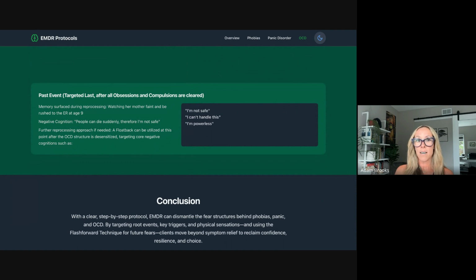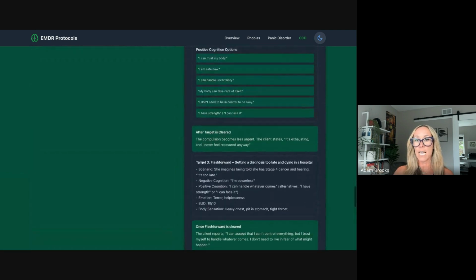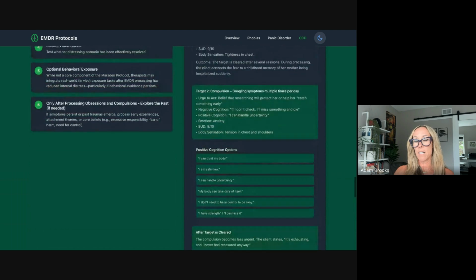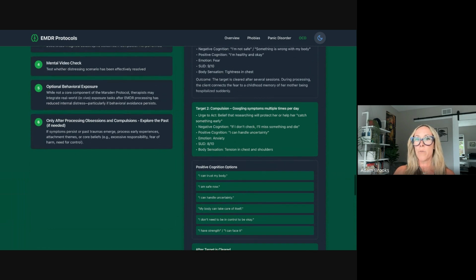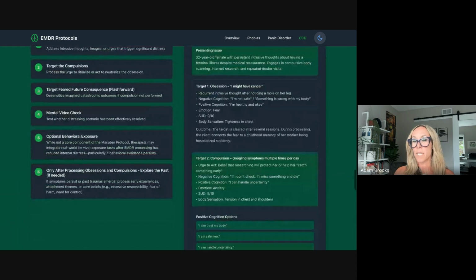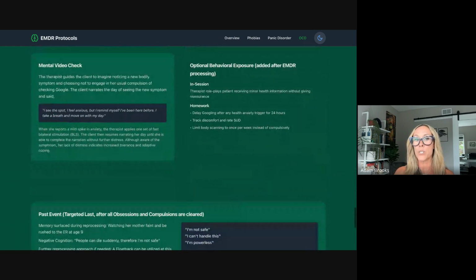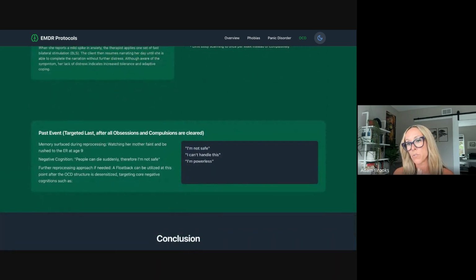And with this specific little lady, she had definitely, I'm not in control, I'm unsafe, and something's wrong with me, right? So I'd want to do a float back from those negative cognitions, or from a recent experience where she had trouble not engaging in the compulsion, and go ahead and do a float back from that recent experience.